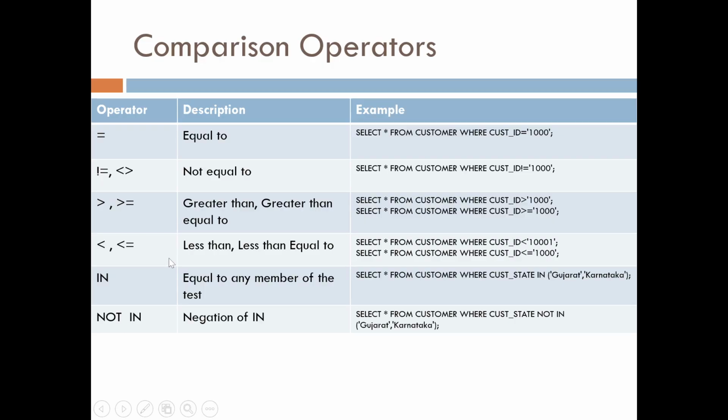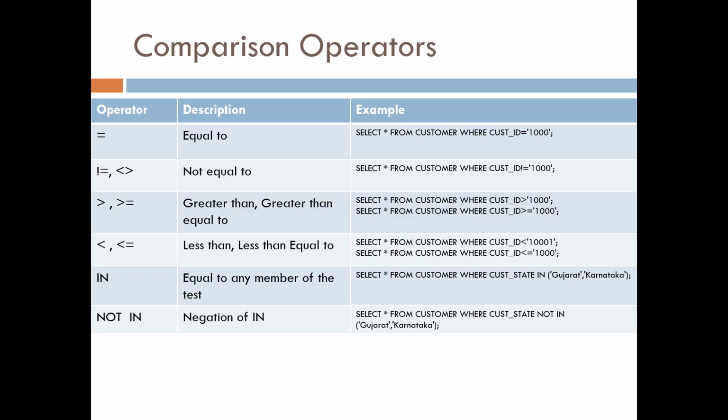Okay, IN is used like in this case. For example, if I want to check for a customer whose name is James, I will say customer name equal to James. But imagine I also want to check if the customer name is either James, or Matthew, or Robin. So I have three. What I'm saying is the customer name can be James, or it can be Robin, or it can be some other value.